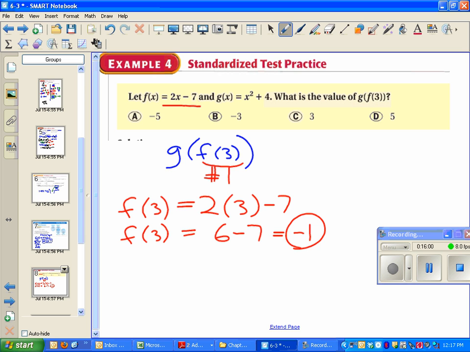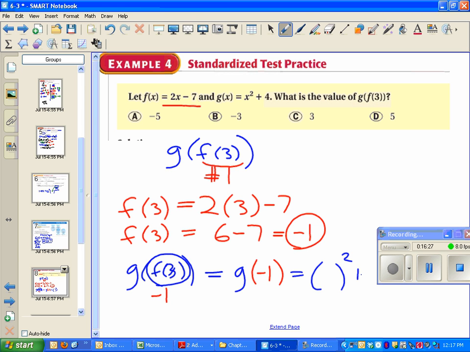So I'm going to replace, all right, so I had g of f of 3. Okay, I know what f of 3 is. That is equal to negative 1. So now I'm going to find g of negative 1. When I do that, I look at my g function, which is x squared plus 4.